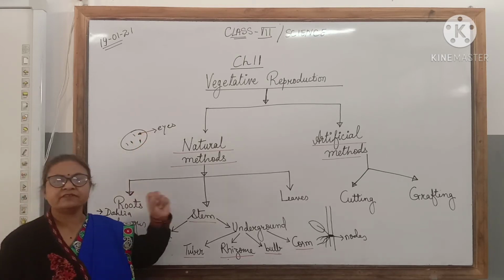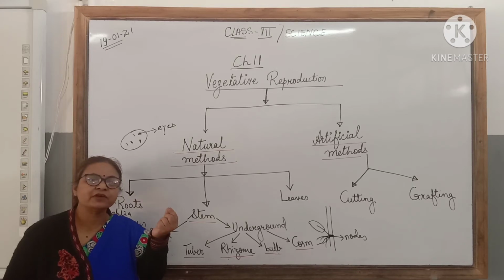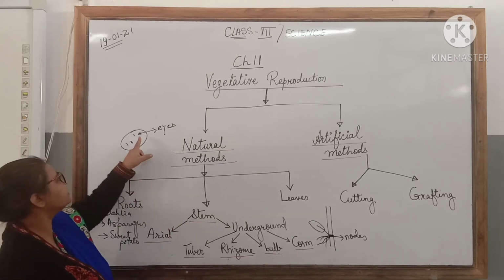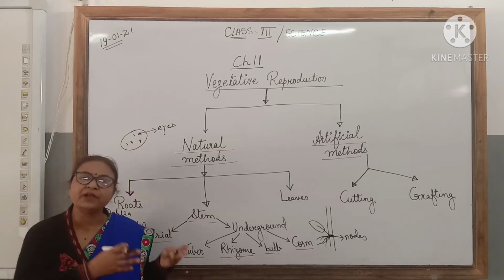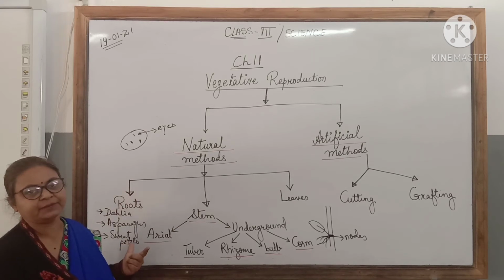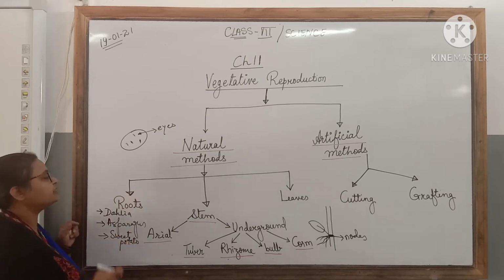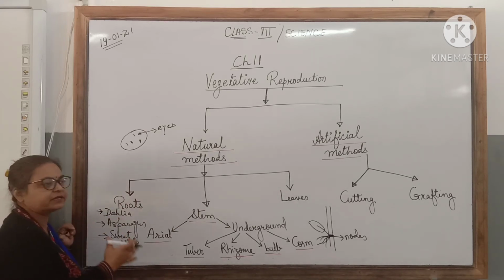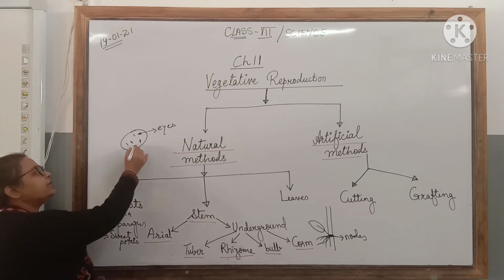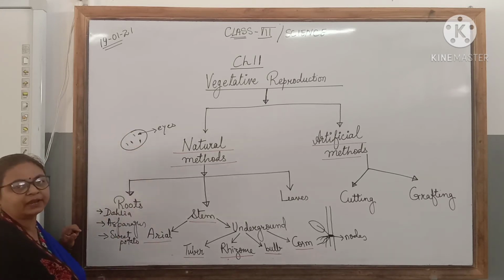These nodes, white colored structure, if you observe the potato carefully, grows from these eyes, and if we plant this in the soil, it will grow into a new potato plant. So this is how the tuber helps to generate new plant. The stored food helps in the growth of the plant.